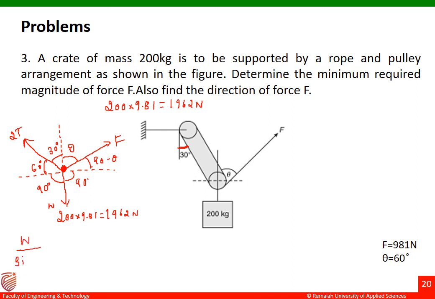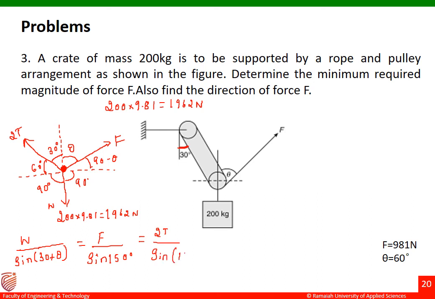W divided by sine of 30 plus theta is my first term, equal to F divided by sine of 90 plus 60, that is 150 degrees, equal to 2T divided by sine of 180 minus theta there.